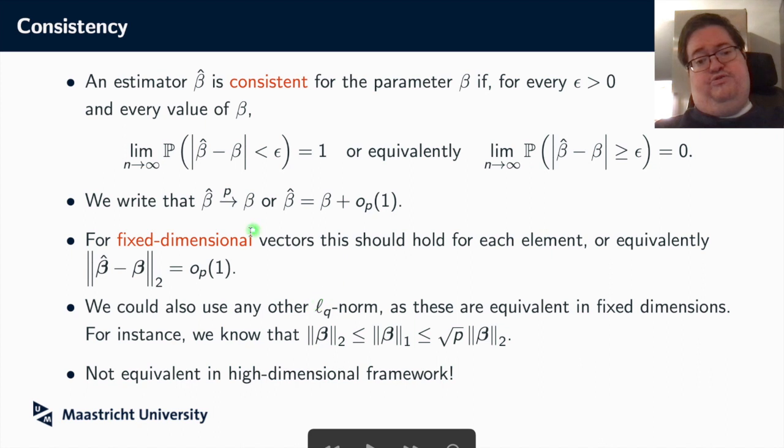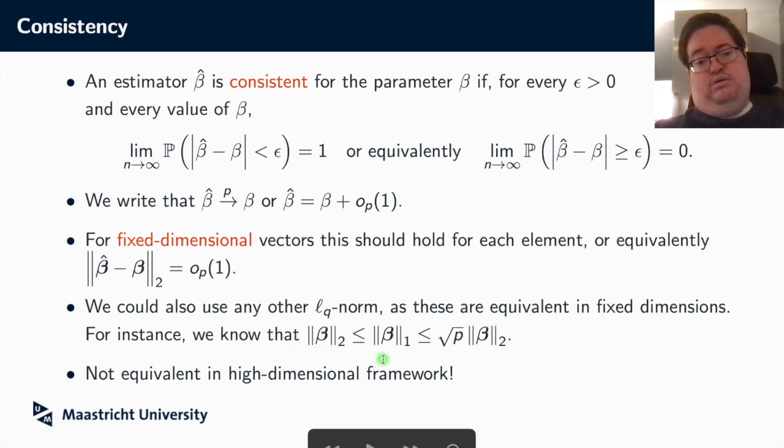So this is the case for fixed dimensional vectors, where the dimension p of the vector is not increasing. This is different in a high dimensional setting. The argument for why it doesn't matter in fixed dimensions goes along these lines. Compare the L2 and the L1 norm.